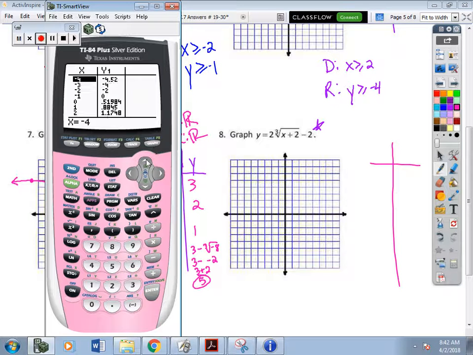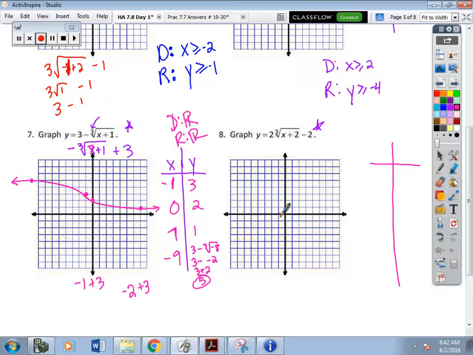So you can see some of the points we would plot. Negative 10, negative 6, that's not going to fit, I don't think.